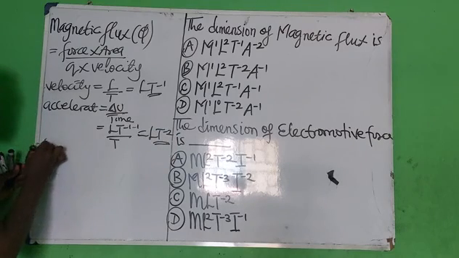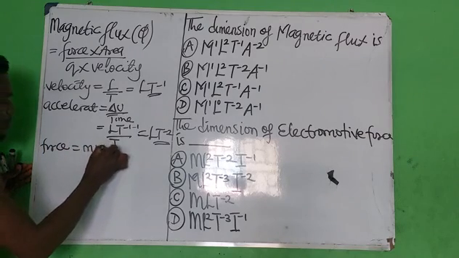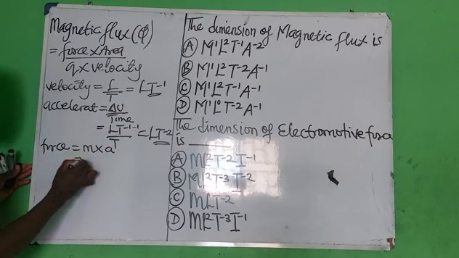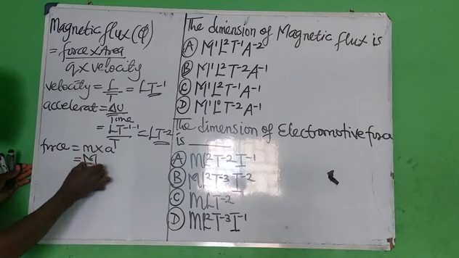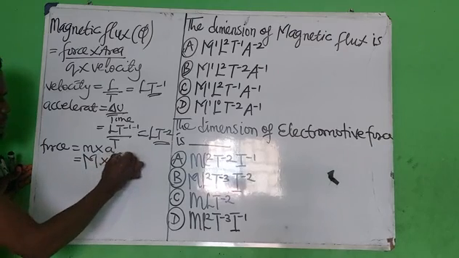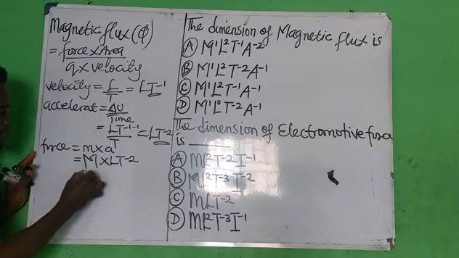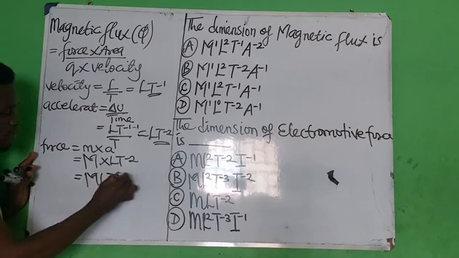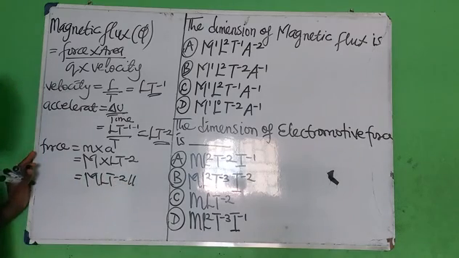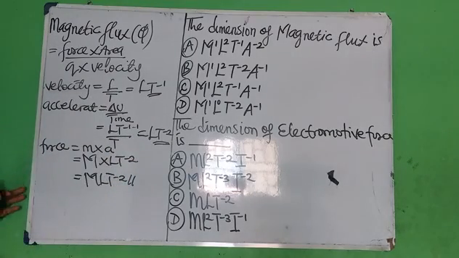Now force is mass times acceleration. So mass, I told us we are using the first alphabet, big letter M, times acceleration, LT minus 2. So from here I have it to be MLT minus 2. So with what I have here, we can now slot in all these alphabets.